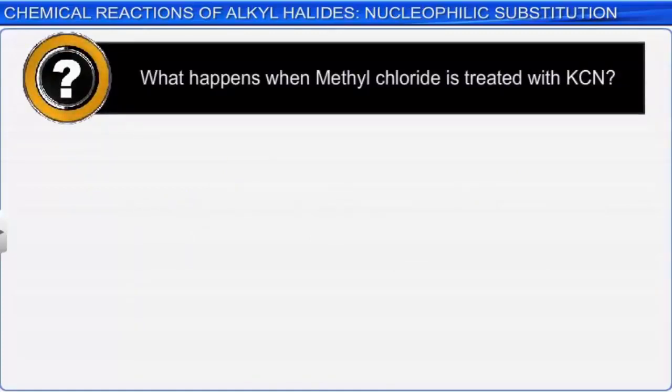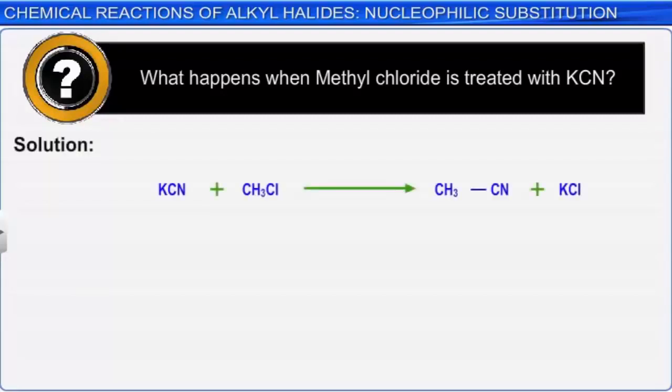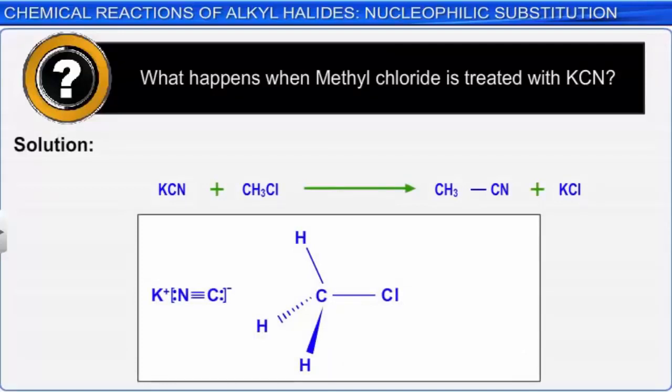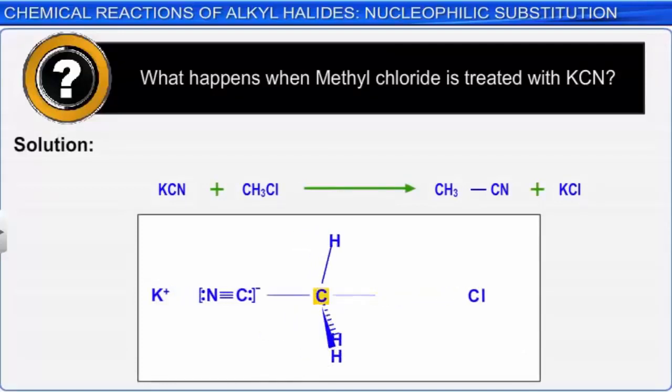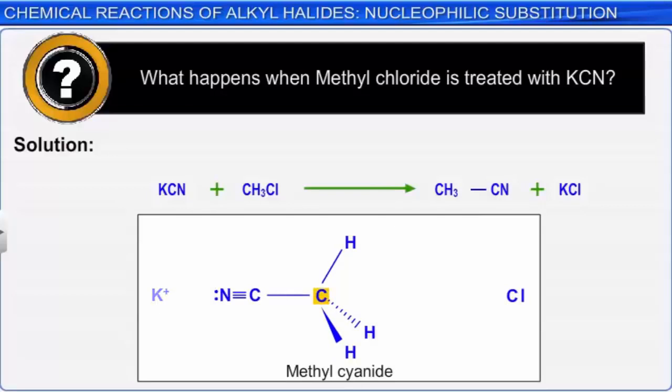What happens when methyl chloride is treated with potassium cyanide? KCN is ionic, so it generates a cyanide ion which attacks the carbon in the methyl chloride. In principle, the cyanide ion is ambident and could attack from either end. However, the C-C bond is more stable than the C-N bond.